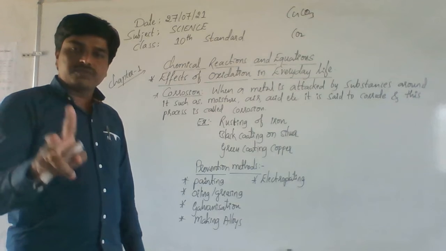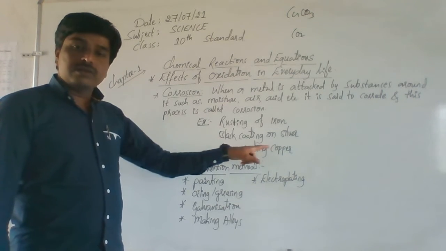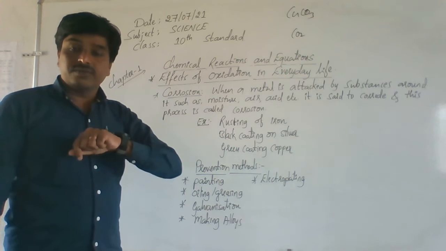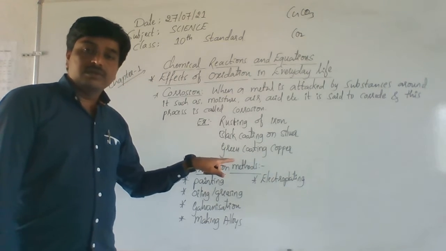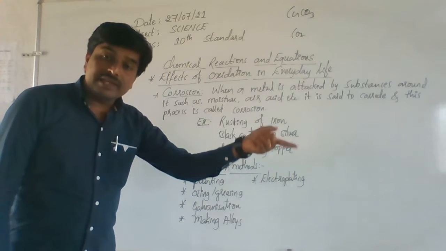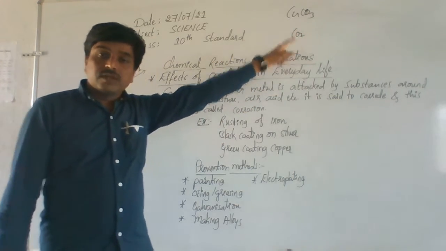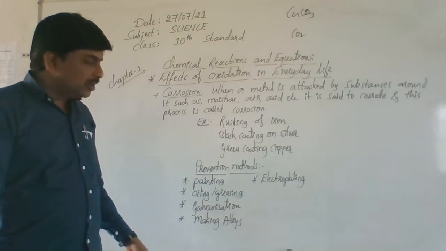Iron reacts with air or moisture and forms hydrated oxide, which we call rust. Silver reacts with sulfur present in air and forms silver sulfide, which is black in color. Copper combines with carbon dioxide in the air and forms copper carbonate. These are the best examples of corrosion.